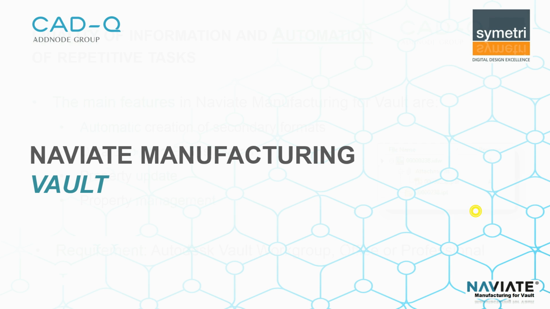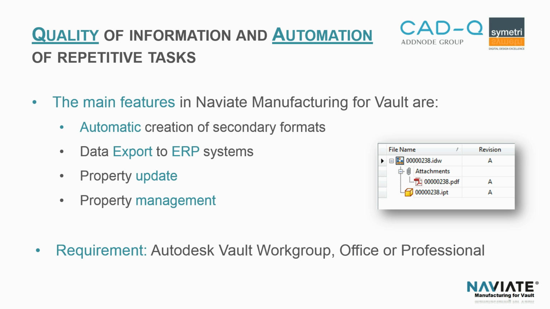Naviate Vault sits on top of Vault Workgroup, Office and Professional, and is designed to enhance the workflows in some very key areas. First area that we have seen in previous videos is that as we move our documents through their life cycle, we can set Naviate Vault to automatically fill in certain properties, such as check by and approved by information for us, meaning that the users don't have to manually open up or edit the file to add this information.